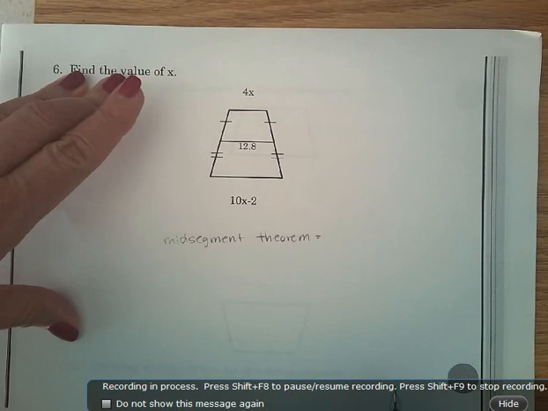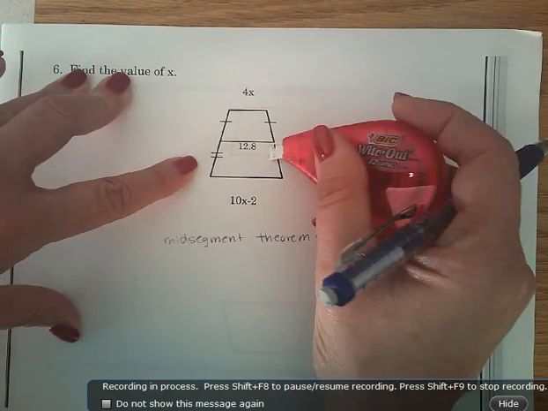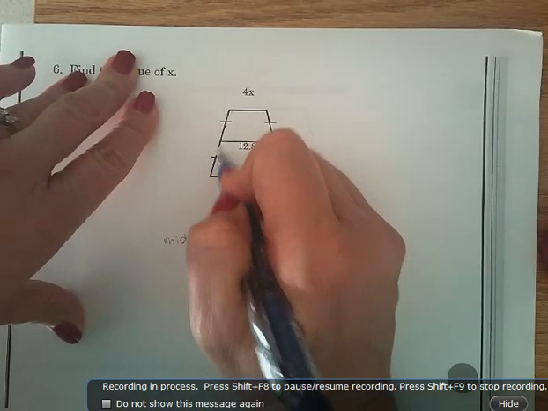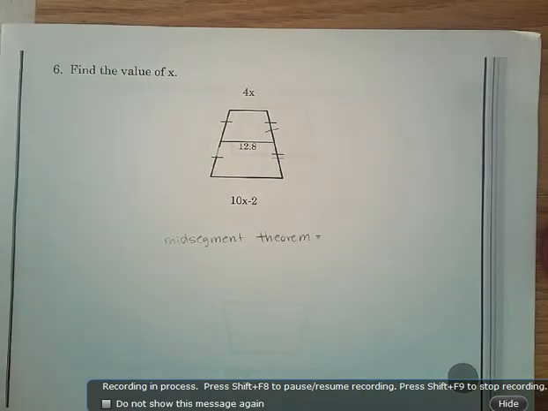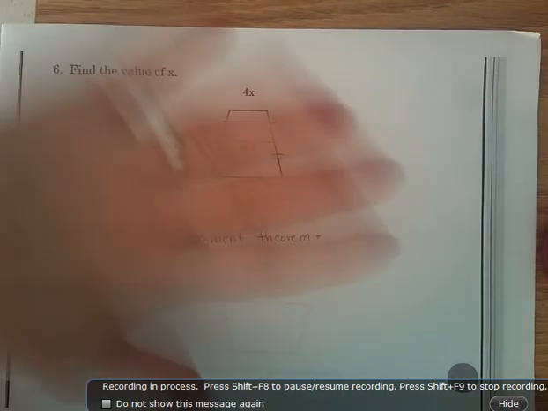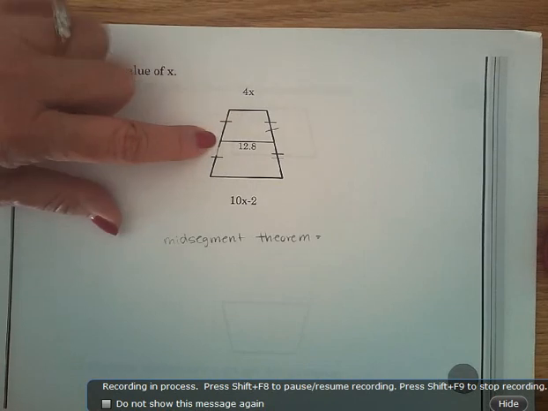So with it now being mid-segment, it's telling me that he's a midpoint of this side, he's a midpoint of this side, which means that he is parallel to these sides right here, which means then he's a trapezoid, not isosceles trapezoid, just a trapezoid. So with that, the mid-segment theorem tells me that the mid-segment, which is the 12.8, is 1/2 of my base 1 plus my base 2.